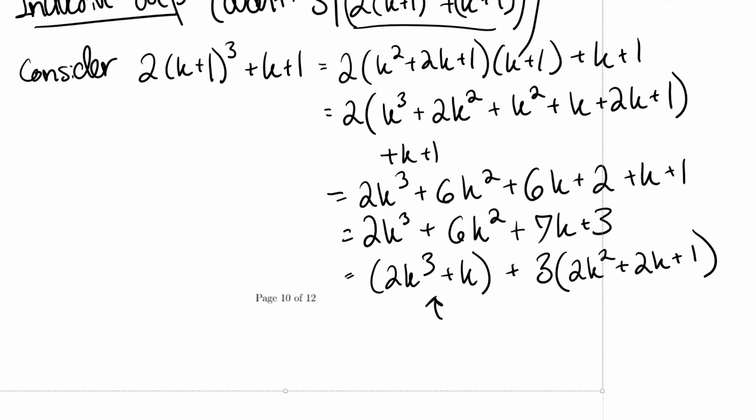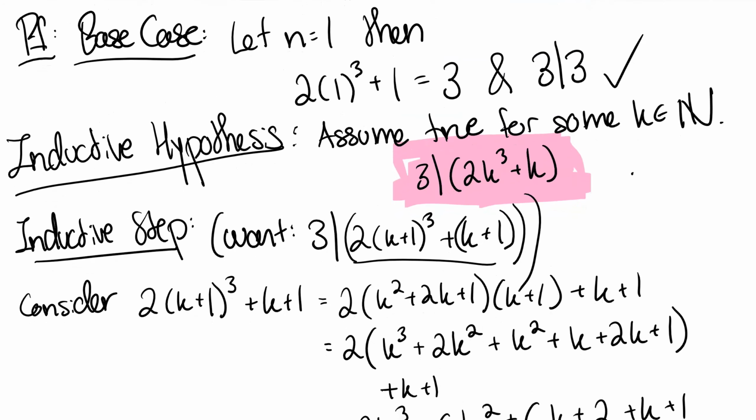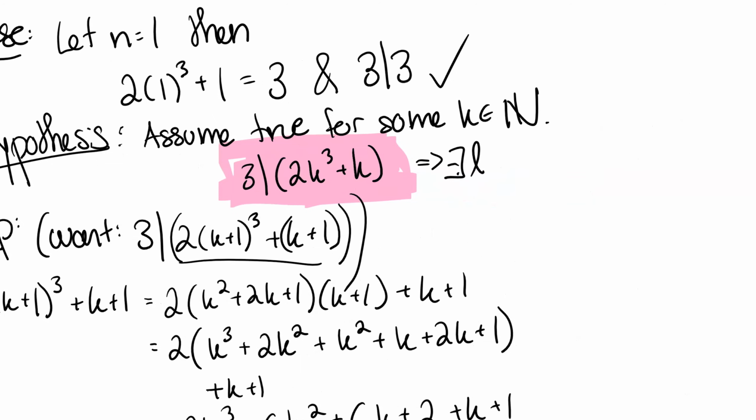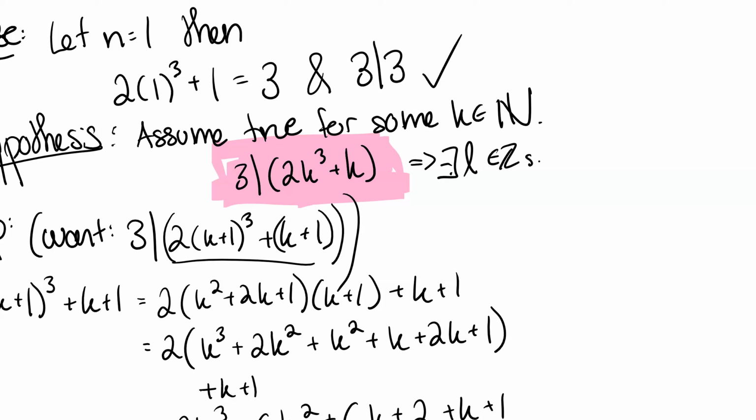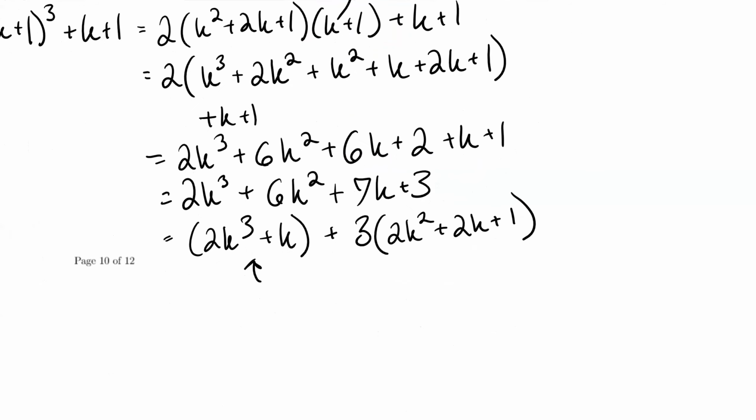So maybe up here we could say then there exists an L in the integers such that 2k cubed plus k equals 3L. So this would be 3L by induction hypothesis plus 3.